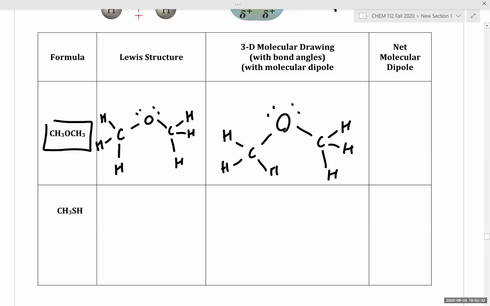Looking at our polar bonds, we have the carbon-oxygen bonds that are polarized towards oxygen. And just like water, both of our bond dipoles are pointing up towards oxygen. Does this first example make sense?